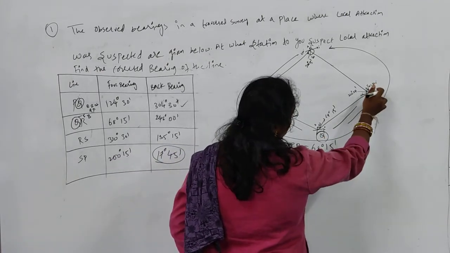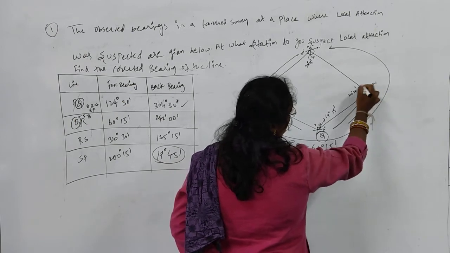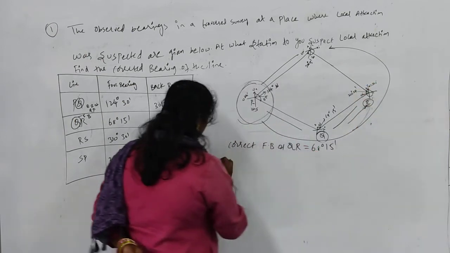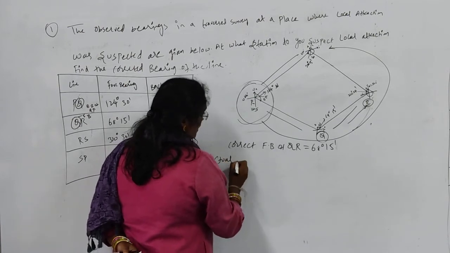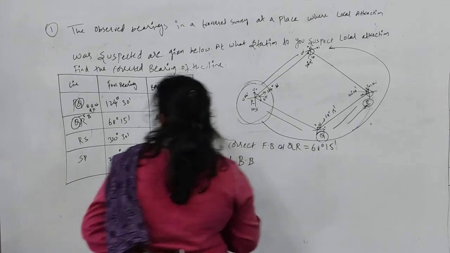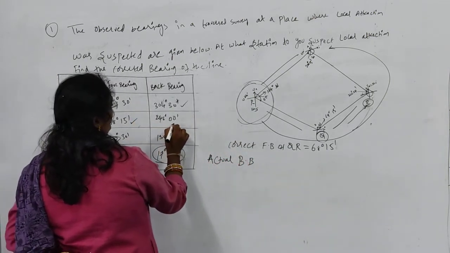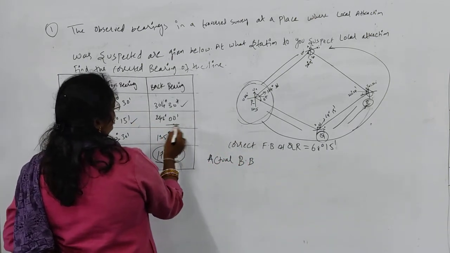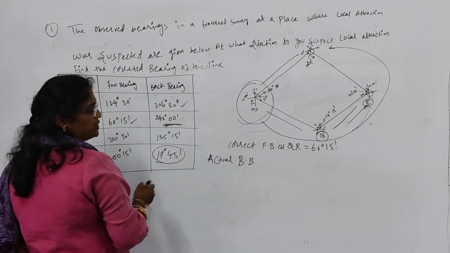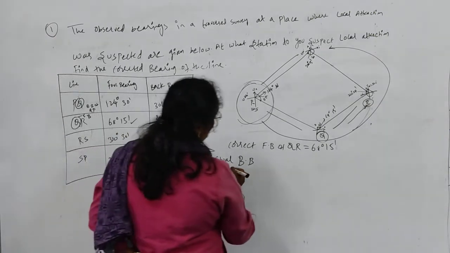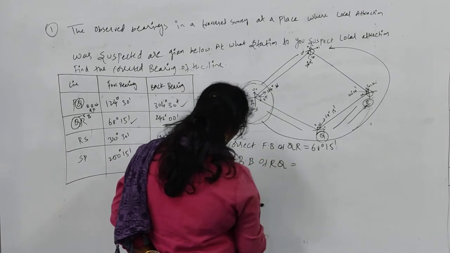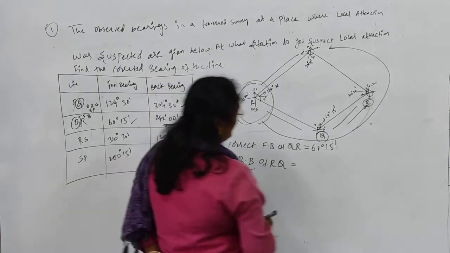Now we need to correct the R, because we need to find out the error at the station R. So write actual back bearing, right? I need to find out the actual back bearing of RQ. So right, previously I have told you how to find out the back bearing, right?